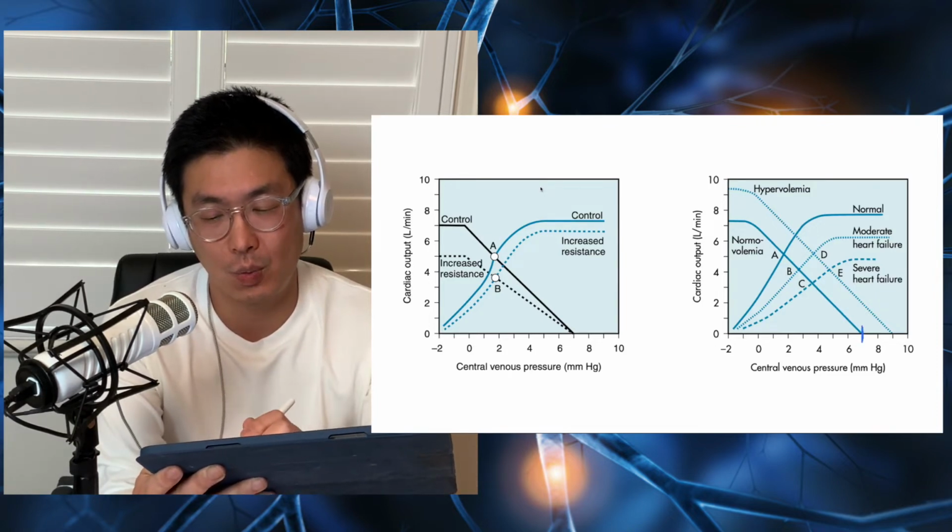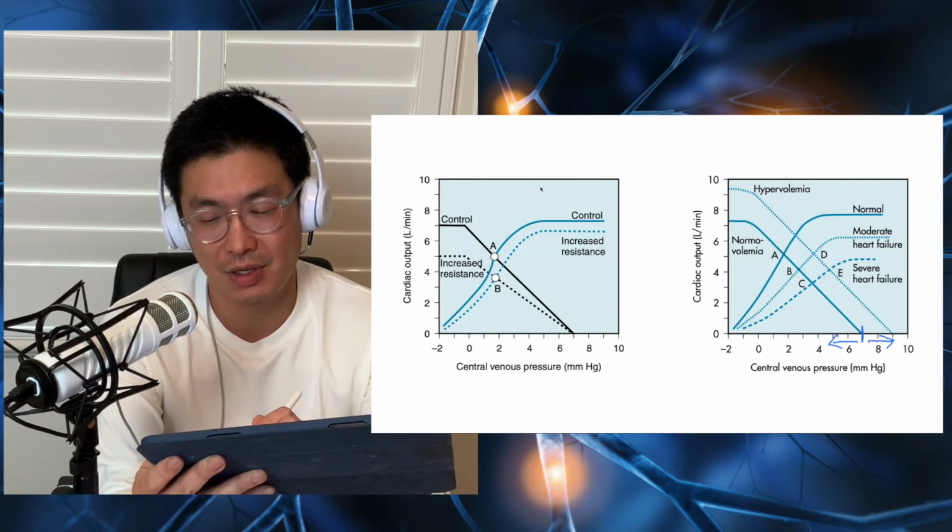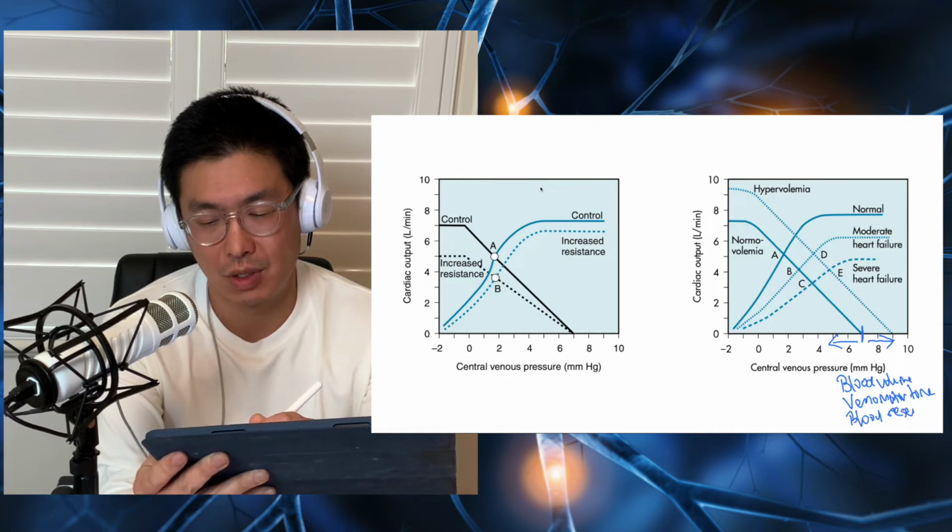What's going to shift it to the right, or to the left, are things like blood volume, your venomotor tone, and blood reservoir. And these two are from venoconstriction.